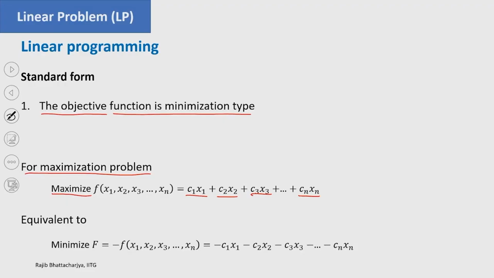To do that, I will multiply it by -1, and then your objective function will be converted to a minimization type problem. If you multiply it by -1, you get minimize -C1x1 - C2x2 - C3x3 - ... - Cnxn. Therefore, to convert your problem to standard form, if your objective function is a maximization type function, just multiply it by -1 and that will convert your problem to a minimization type problem.